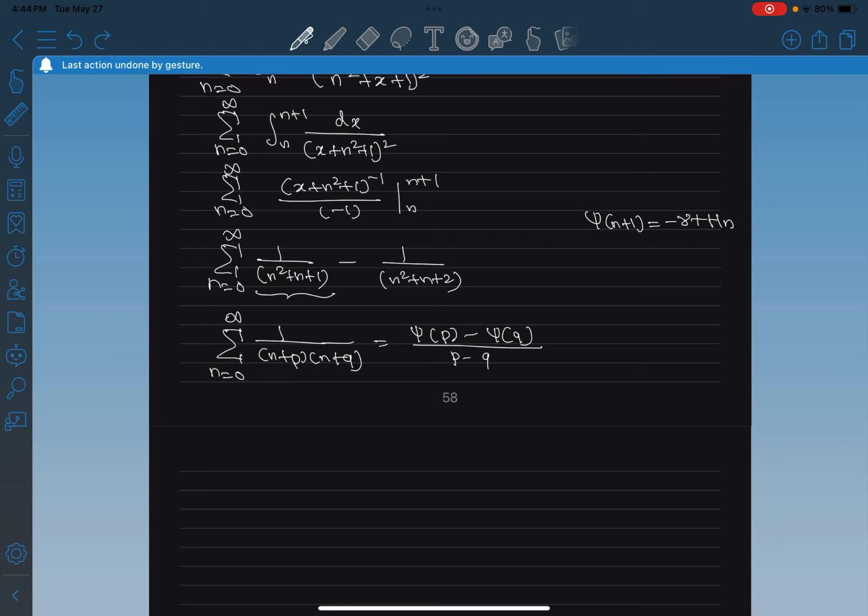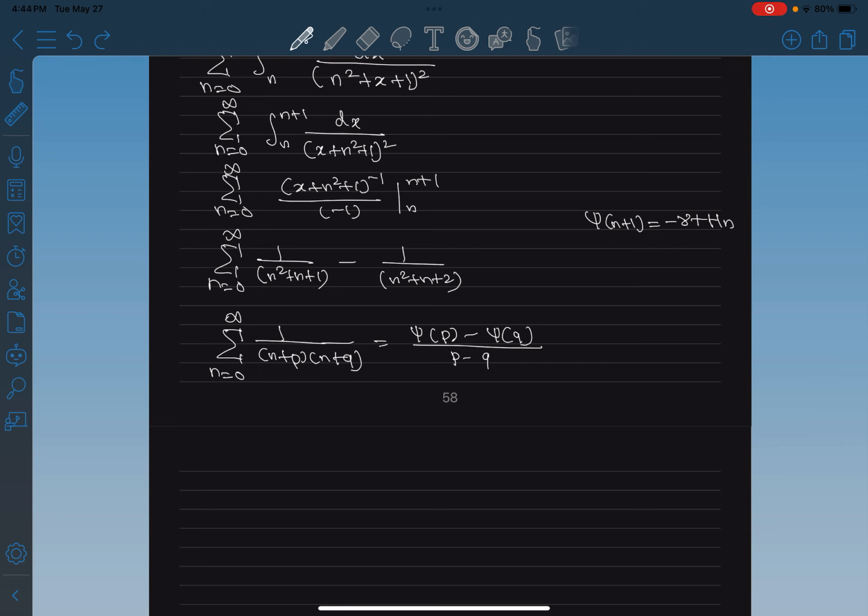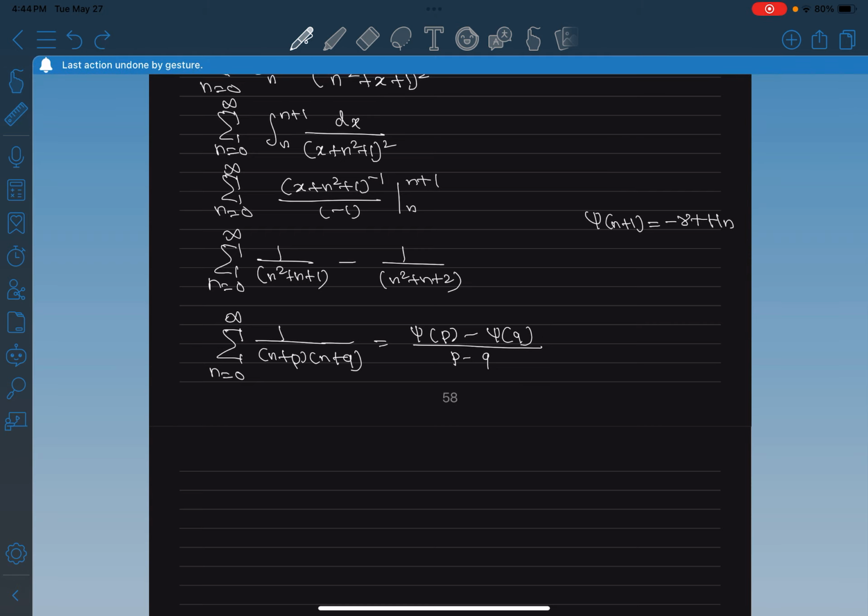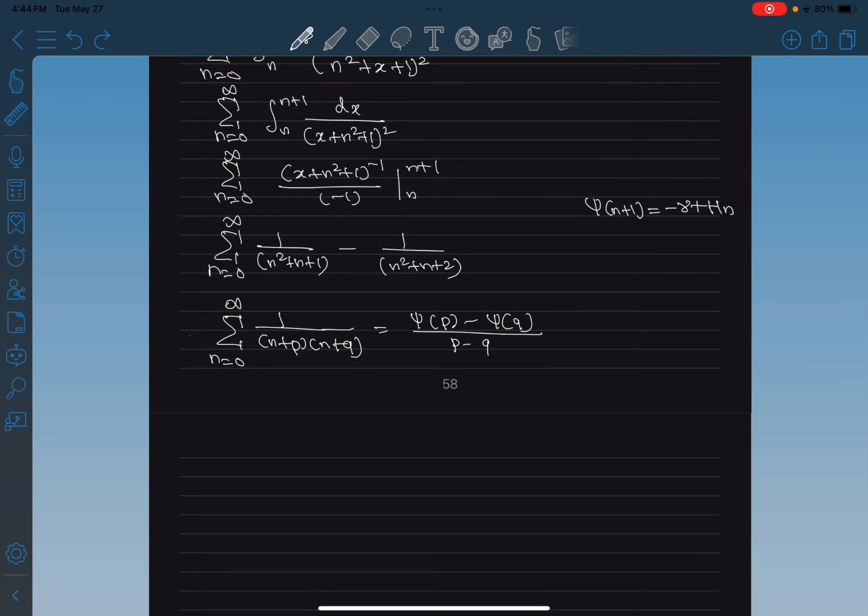Also, let's prove this formula just in case you are unfamiliar. The benefit of getting this formula is that after we have the answer in this form, we can then use properties of digamma, like the reflection formula or the duplication formula, and then get the answer. First of all, let's prove this formula.